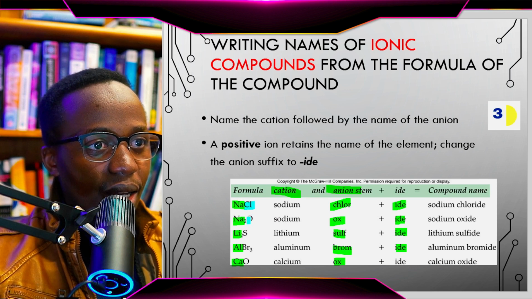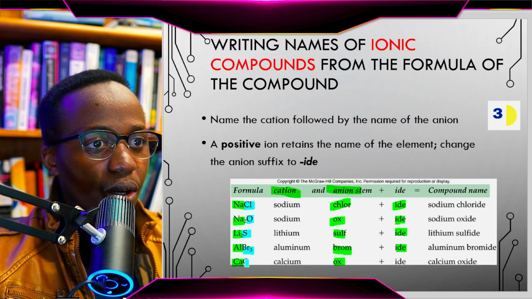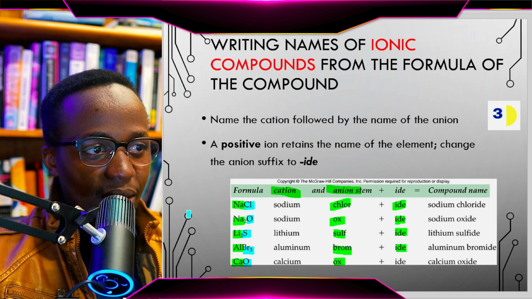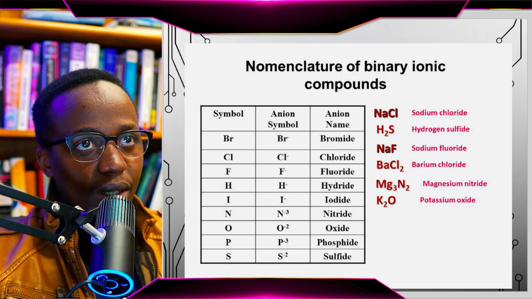This is sodium oxide. So for oxygen, it's oxide. For sulfur, it's sulfide. For bromine, it's bromide. The beauty of this is that there are not that many non-metals, so we can just remember them, right?